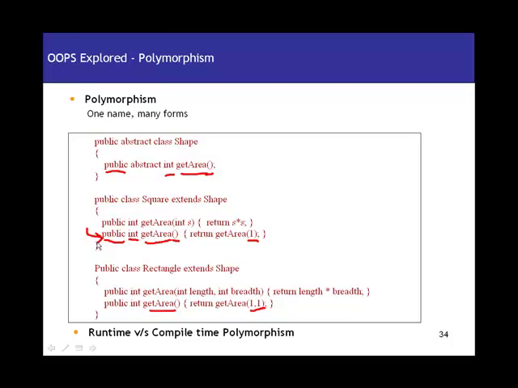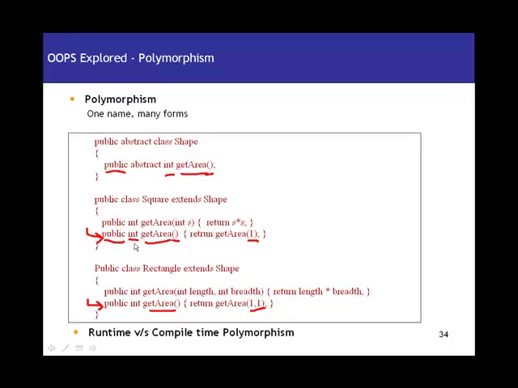So basically this is an overridden method for the getArea method in the superclass. Similarly, this is also an overridden method in the rectangle class for the getArea method in the superclass shape, right? So this overriding comes into the picture only when we have a superclass subclass kind of relationship, right? Now let's talk about overloading.